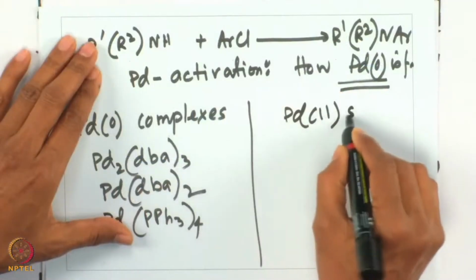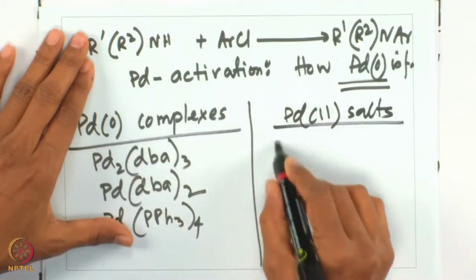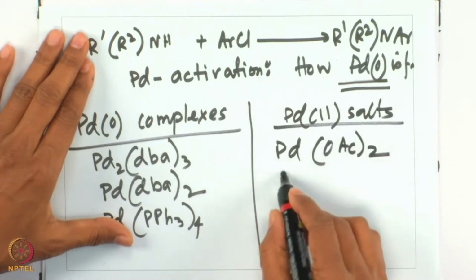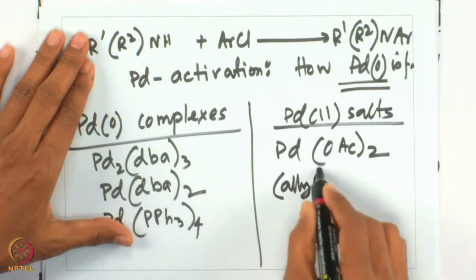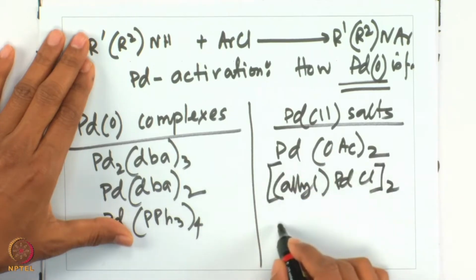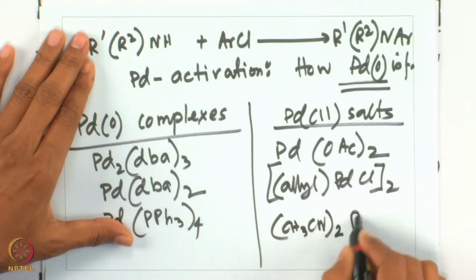What are the palladium 2 sources we are usually using? Let us look at that. Palladium 2 salts, we have seen examples previously, but to put it in perspective: palladium acetate usually, and a lot of people use allyl palladium chloride dimer, or bis-acetonitrile palladium chloride.